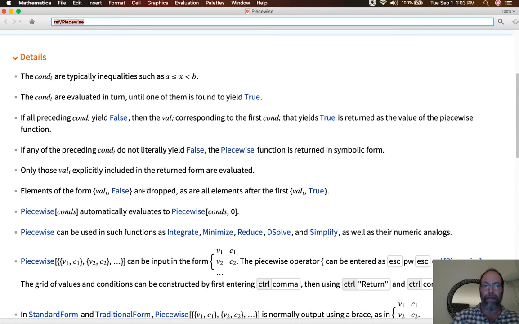If all the preceding conditions yield false, then the value corresponding to the first condition that yields true is returned as the value of the piecewise function. Okay, so I think I remember how to do this.